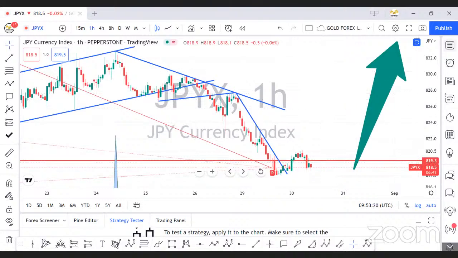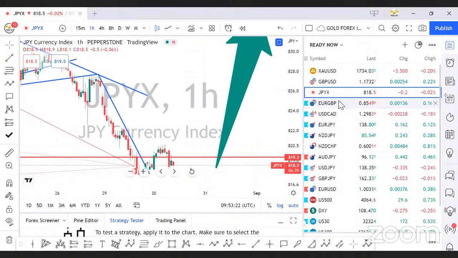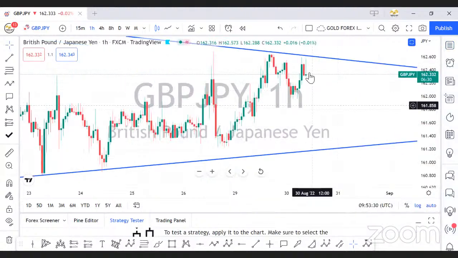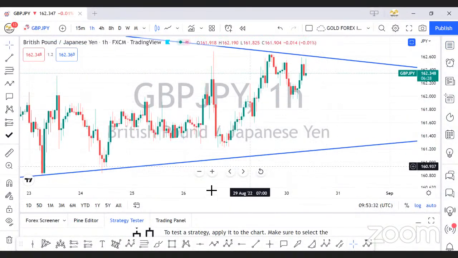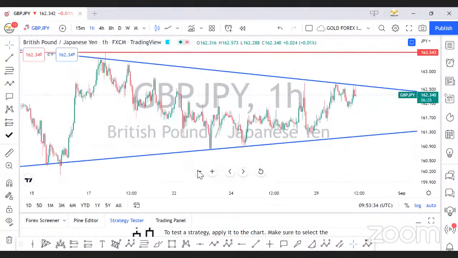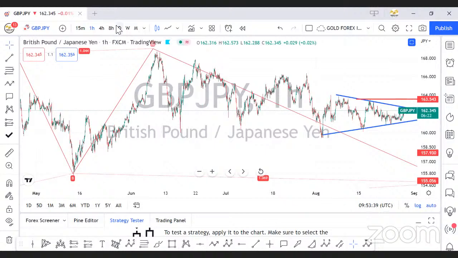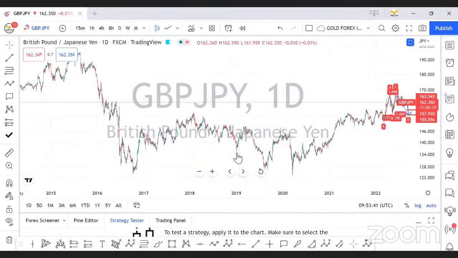The same thing with Pound JPY. We are seeing some retracement levels over here. Let's hope and see. Now, on Pound JPY I saw some big move on the chart.